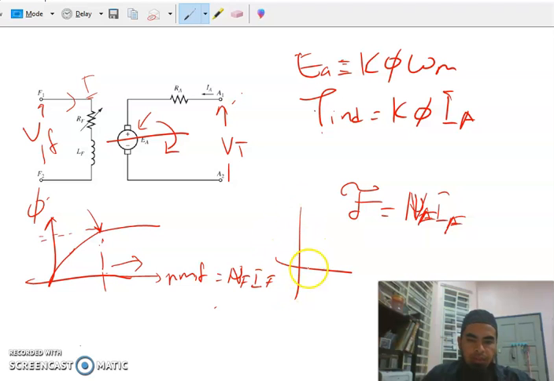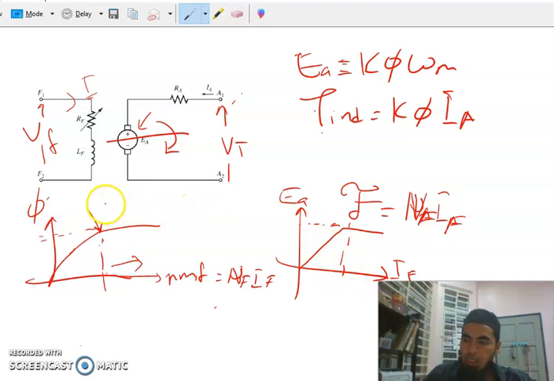Another graph is when we plot the internal generated voltage compared with your field current. You will see the same thing. After it reaches a certain knee point, it will produce no more increment in voltage. So this is the maximum.